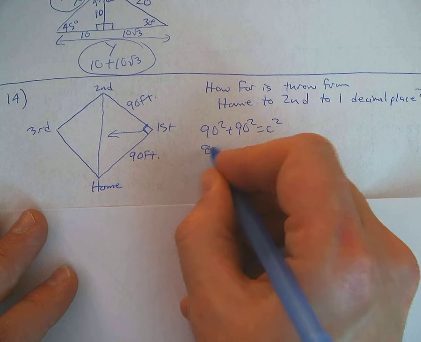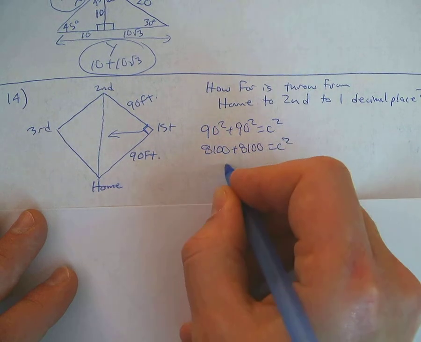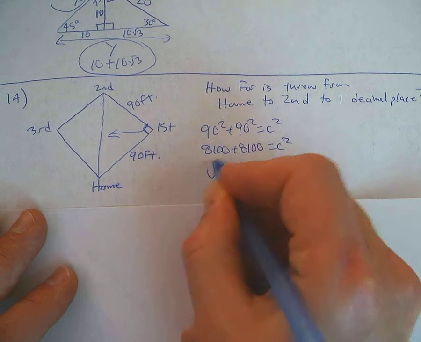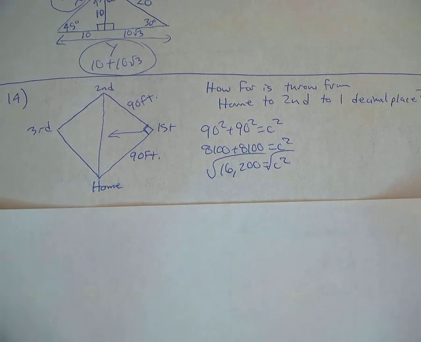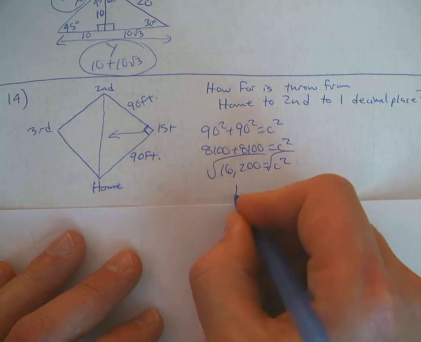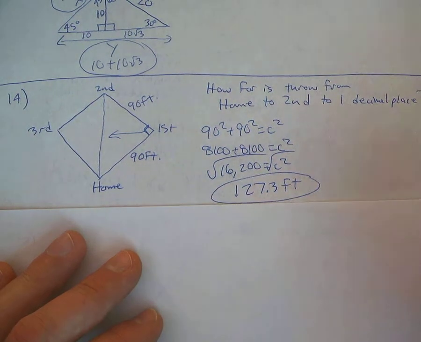So I get 8100 plus 8100 equals c squared. This is going to be 16,200. I take the square root of 16,200, which is about 127.3 feet approximately. That's the length.